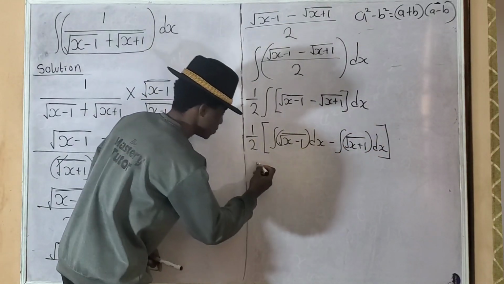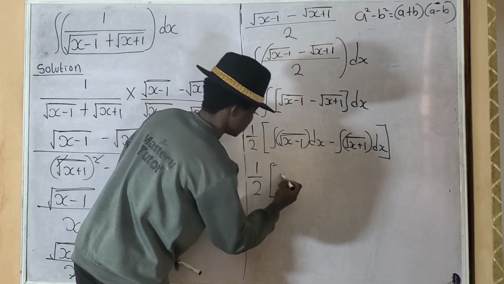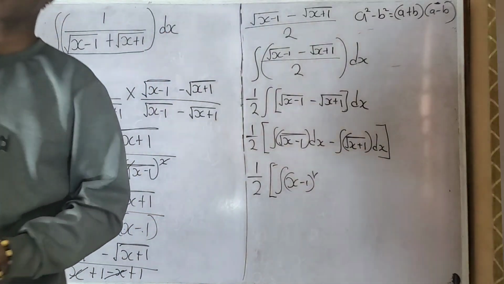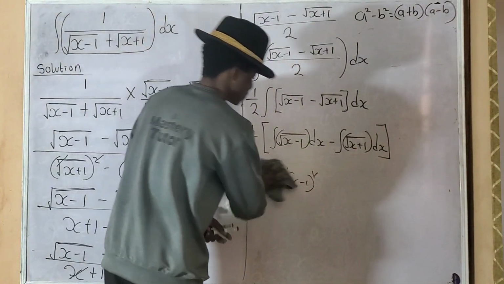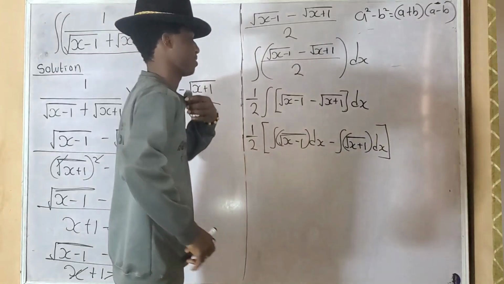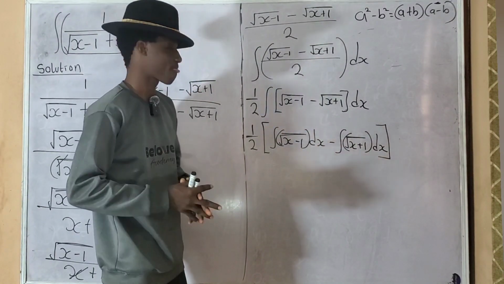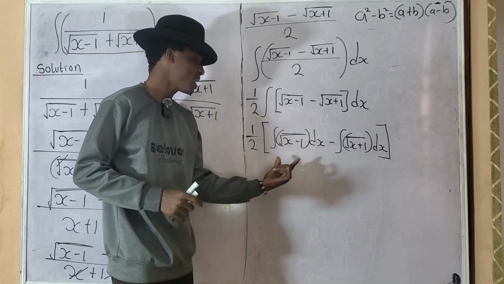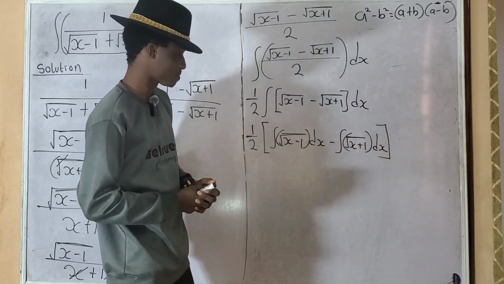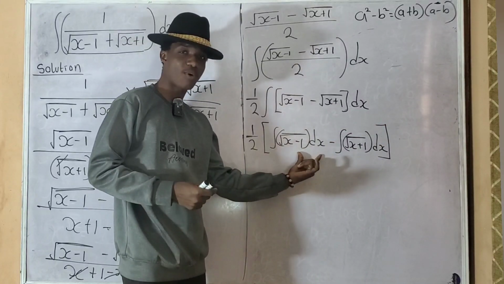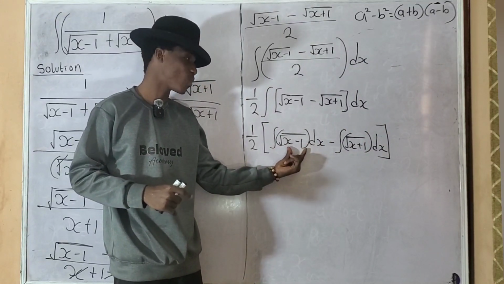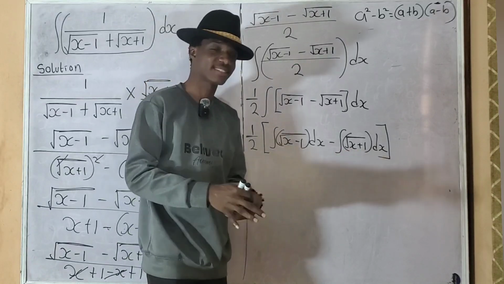Now, when you get to this point, you're going to make use of the substitution method of integration to integrate root of x minus 1 dx and root of x plus 1 dx.